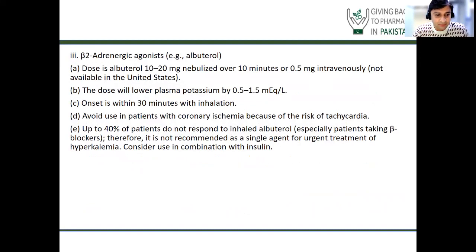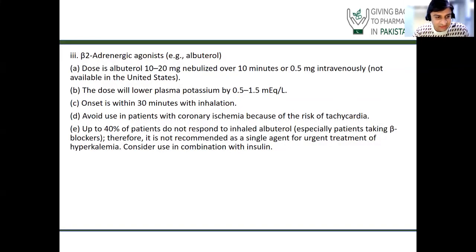Some people give albuterol inhalers, and they give very low doses of albuterol. That is not quite effective. Even when you give it in the recommended doses, only about 40% of patients respond to this inhaled albuterol. So in patients who have life-threatening hyperkalemia, do not give the beta-2 adrenergic agonist as the only treatment.